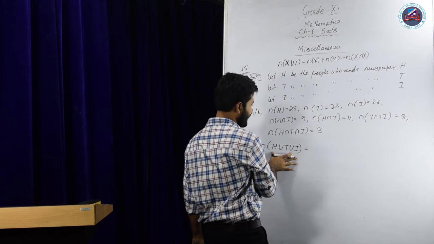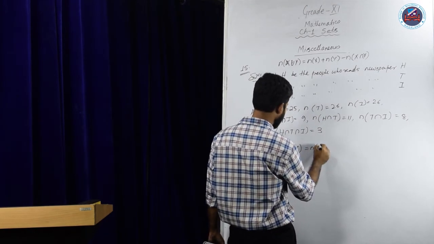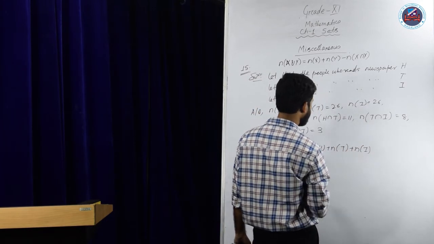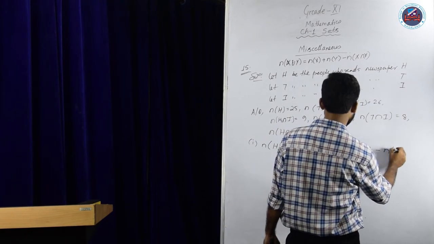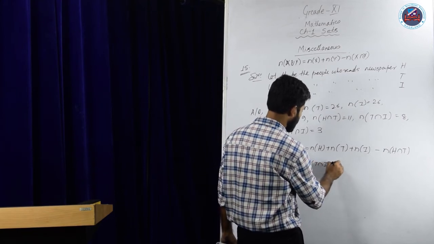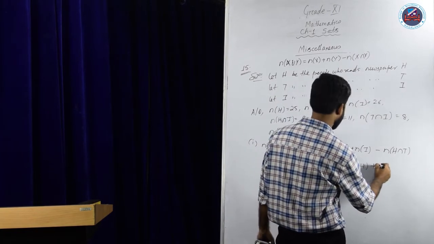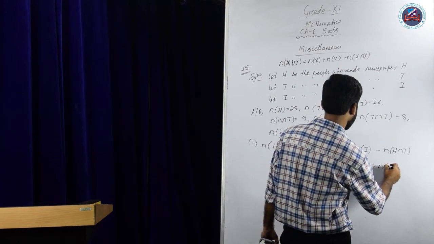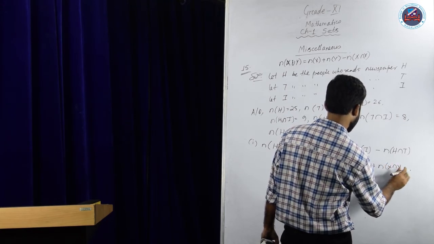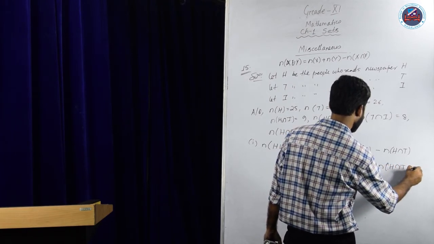So in general, for 3 sets, it will be n of H plus n of T plus n of I minus n of H intersection T minus n of T intersection I minus n of I intersection H plus n of H intersection T intersection I.